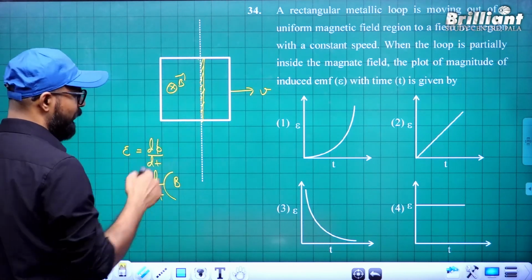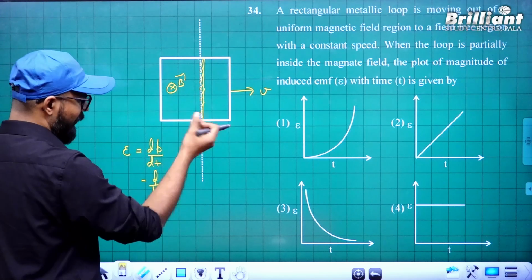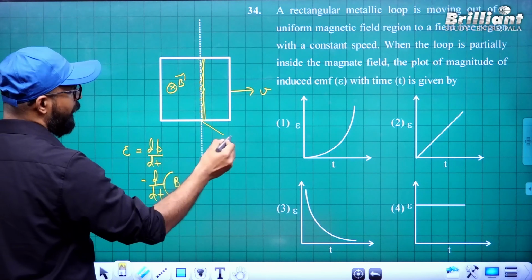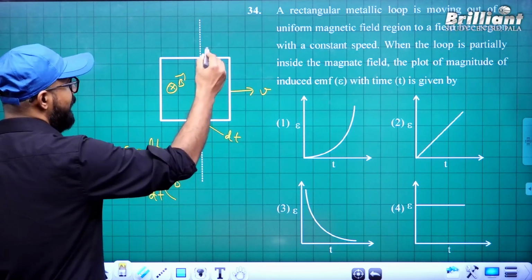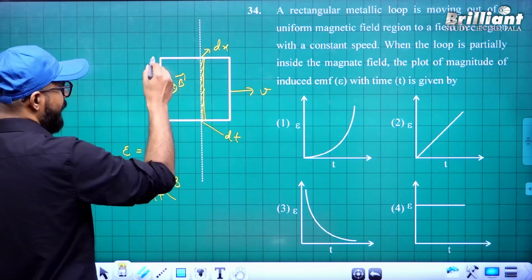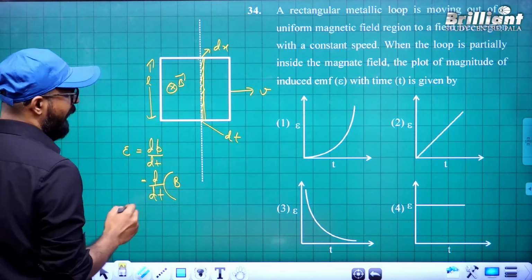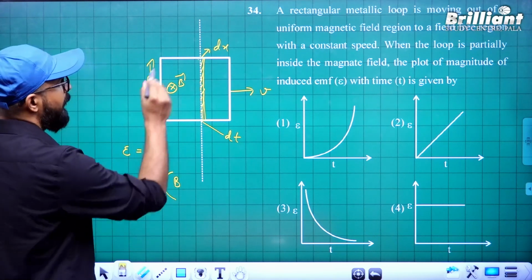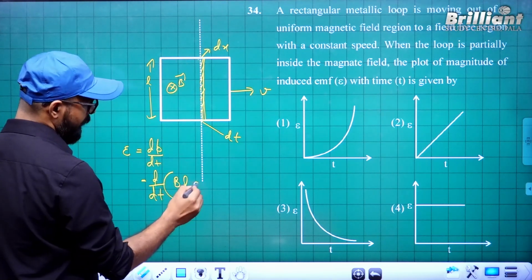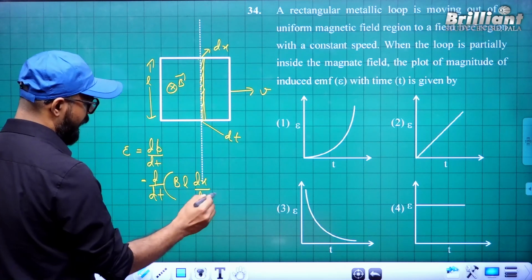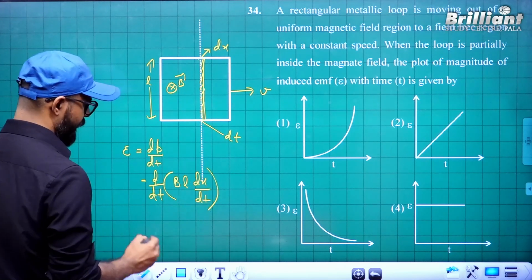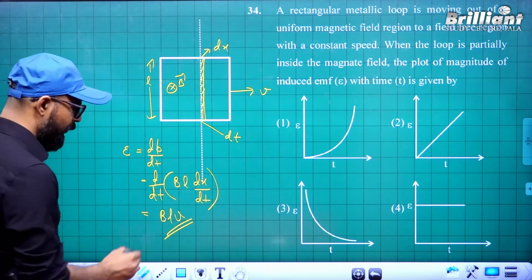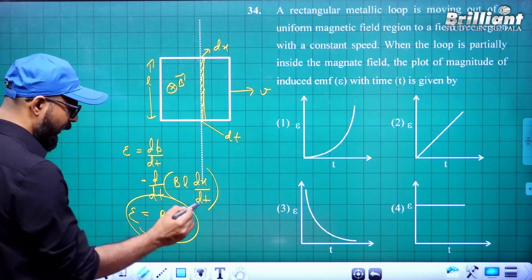The tiny area that it covered in a time dt: let's say the length is dx and the other length is L. So the area of this tiny portion covered in time dt is L into dx. So L dx by dt, and you can see that is equal to BLV.